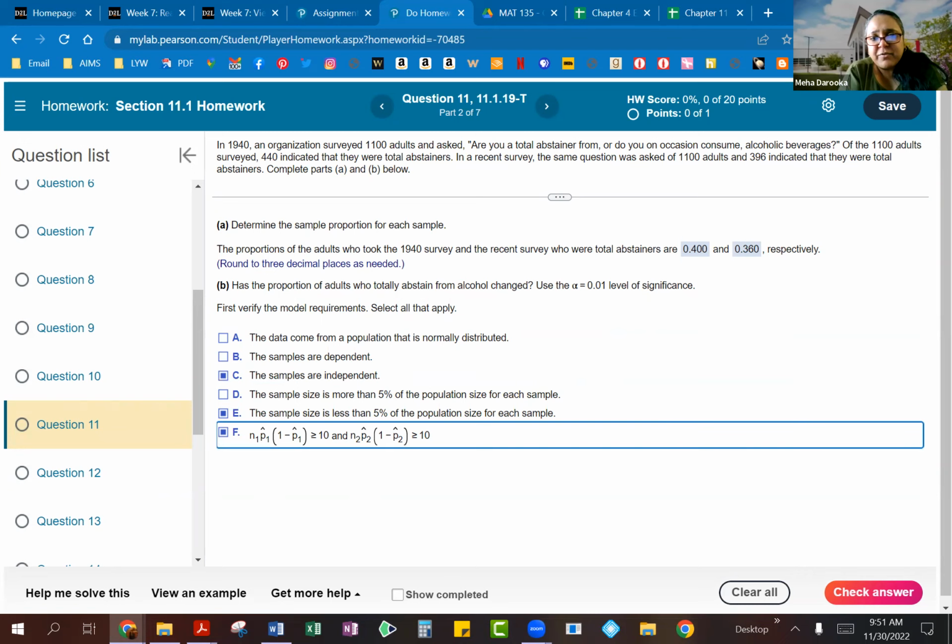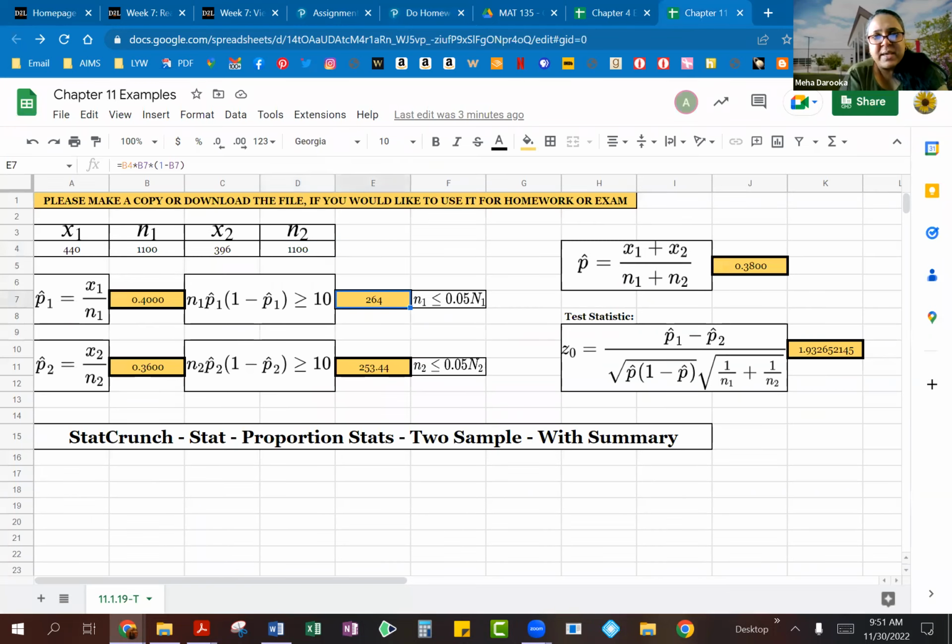And then the last one, of course, is that check we do to make sure when we multiply these 3 quantities, they are coming out to be larger than 10. So again, you can see the way we calculated this. We took our N1 value, we multiplied it by P1, which was this 0.04 that we calculated, and then you multiply it by 1 minus the P1, which is what we're doing exactly.